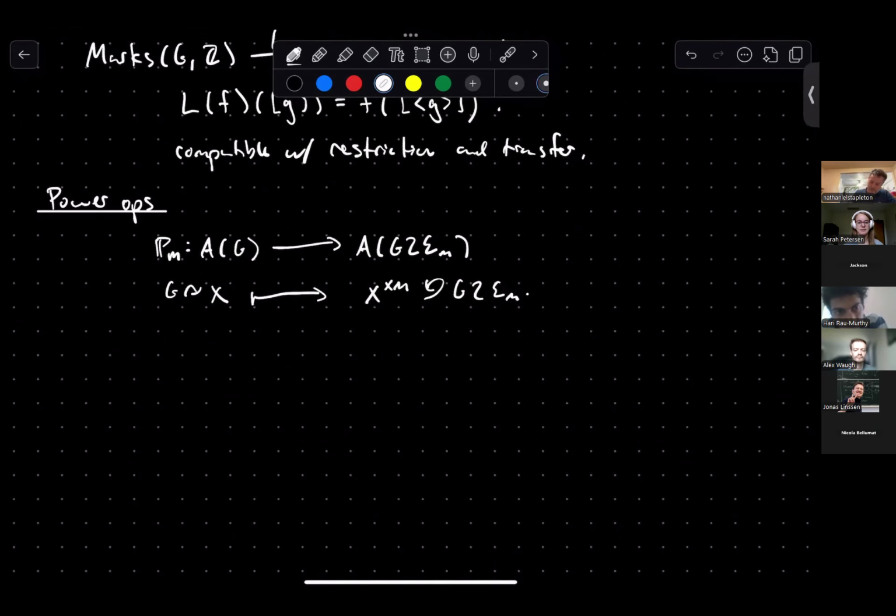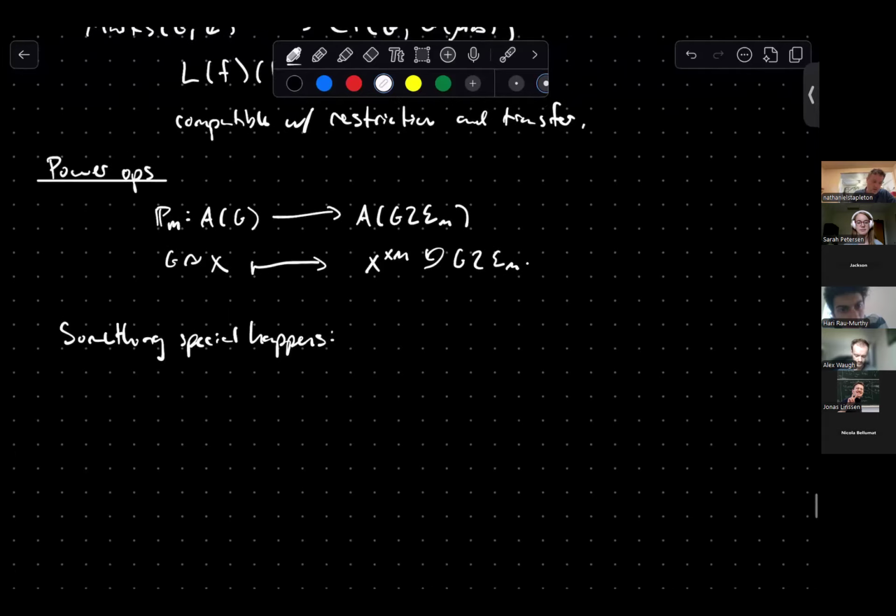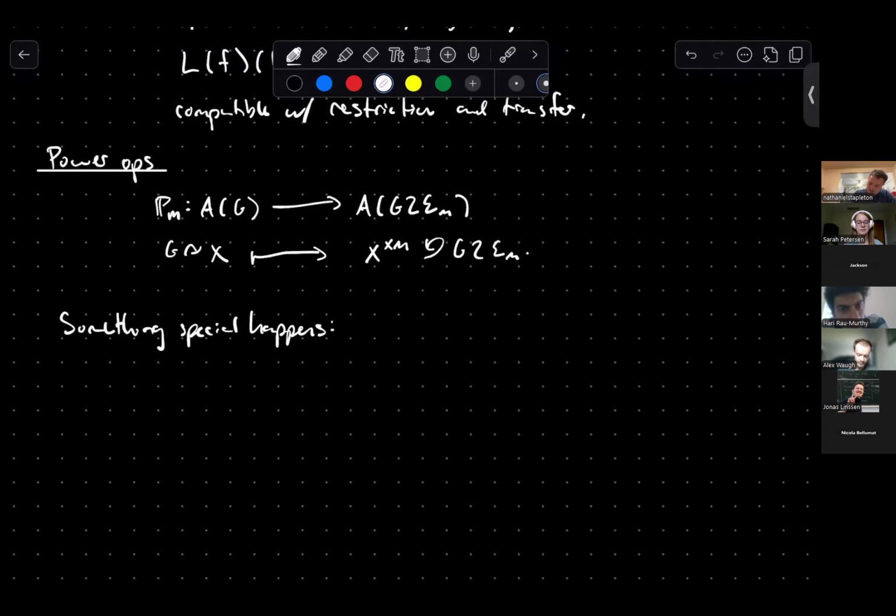So first of all, something special happens. If I consider the power operation on a basis element in the source, well, what am I doing? We know that this is G mod H to the M as a G wreath sigma M set.